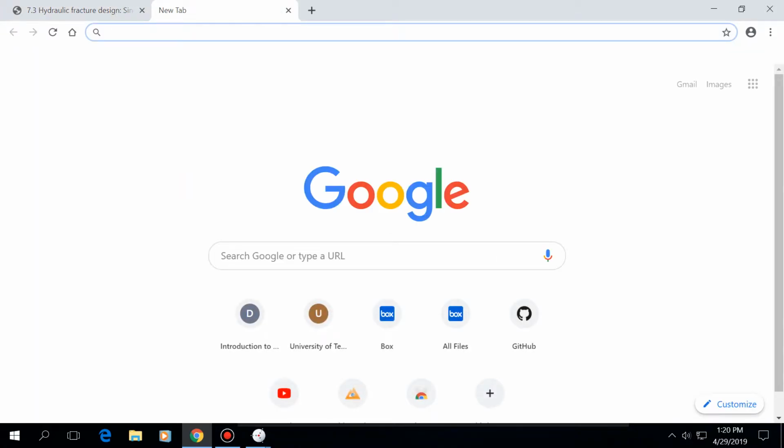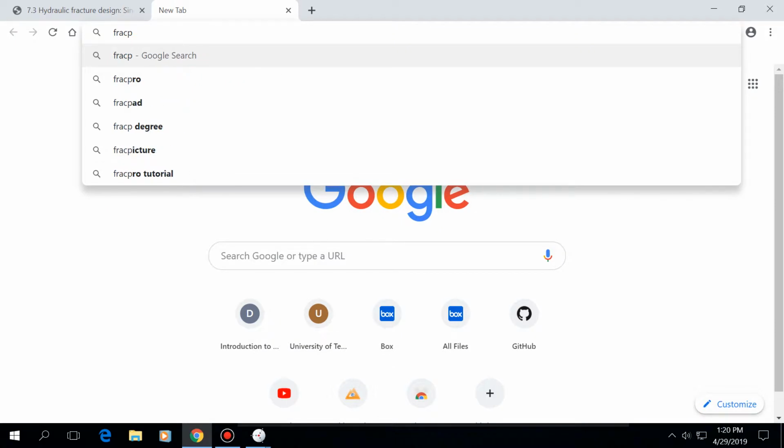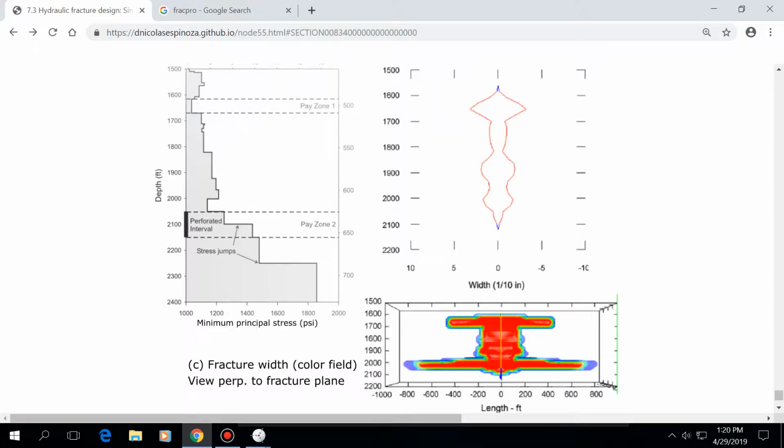You have a question, Mr. Moen. Why is there a fracture when we have no perforation? Because you perforate here and you start injecting here, but as soon as the fluid gets into the rock and you have a fracture, the fluid just moves through the fracture.